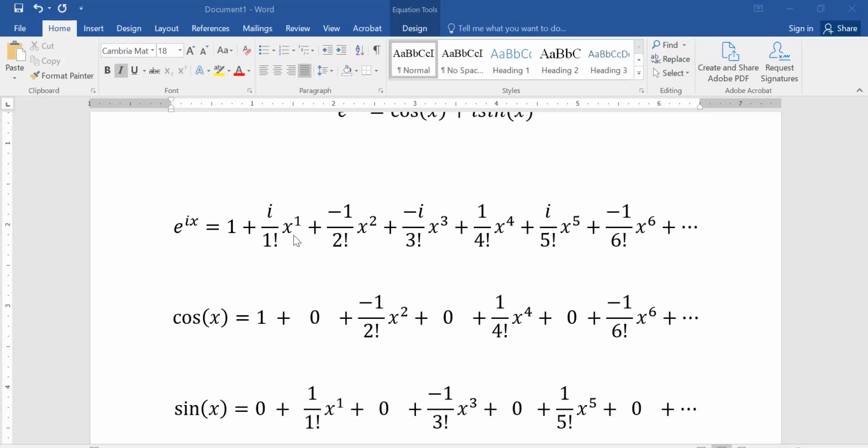Now, if you notice, what's happening here is that the even powers of e to the ix, I'm trying to highlight each one individually. So 1, -1 over 2 factorial x squared, 1 over 4 factorial x to the 4th, and -1 over 6 factorial x to the 6th match up perfectly with cosine x.